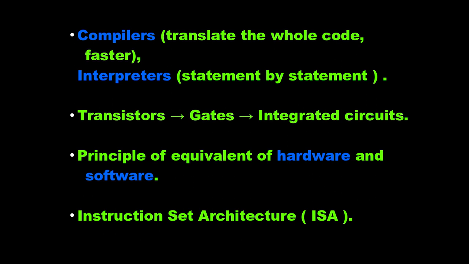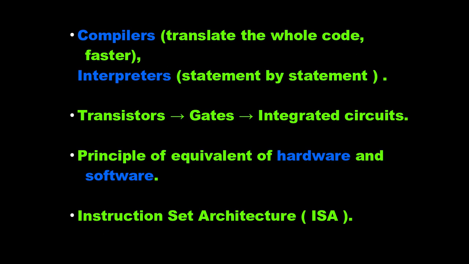All those are considered collections of gates that do a specific task. But remember, transistors are the base building block for any electrical device. From transistors, what can I get? I can get gates. We have mainly 6 gates. From gates, what can I get? An integrated circuit, for example, a CPU.